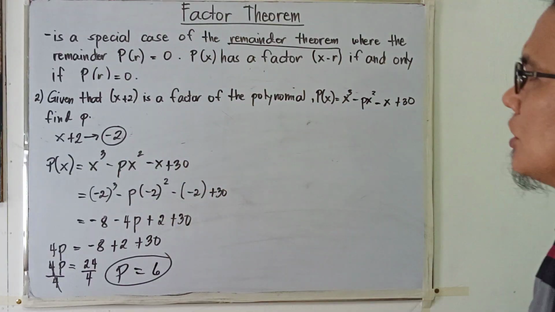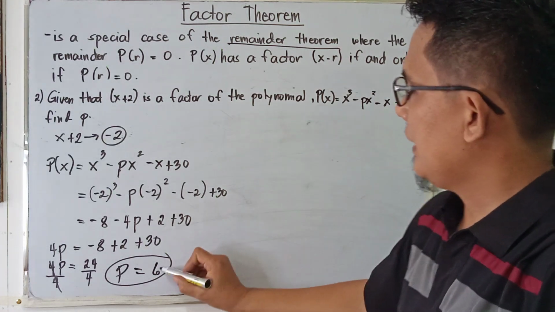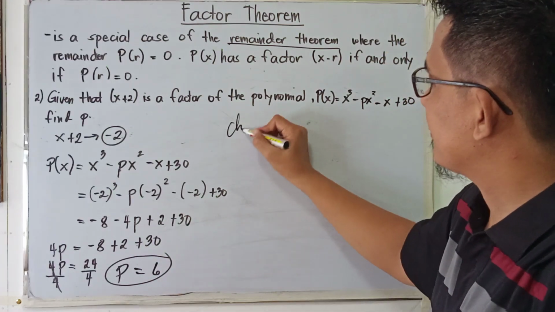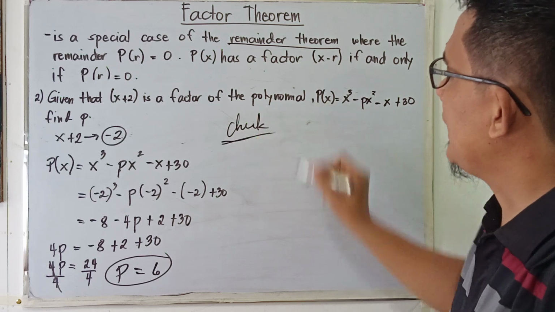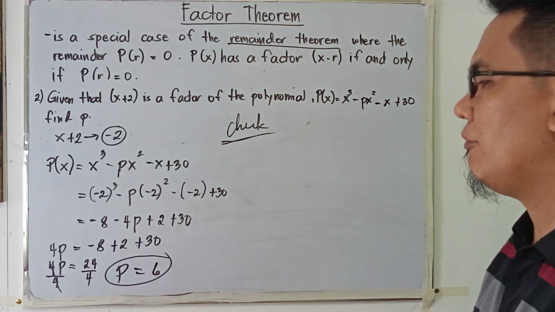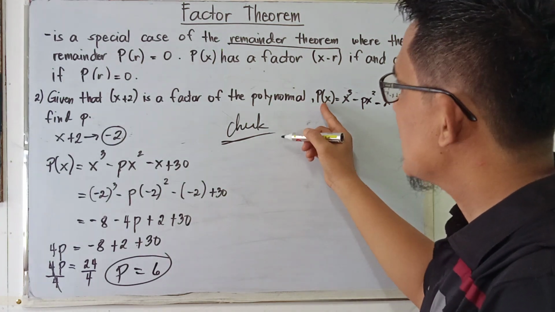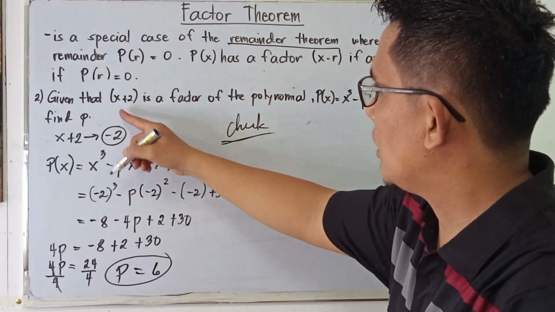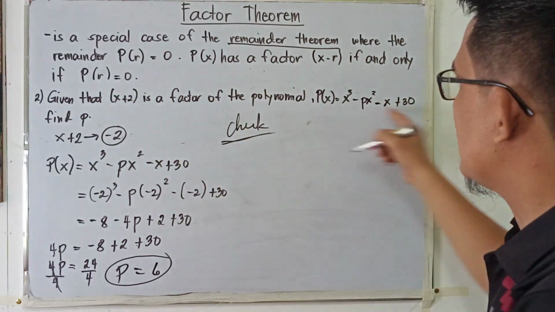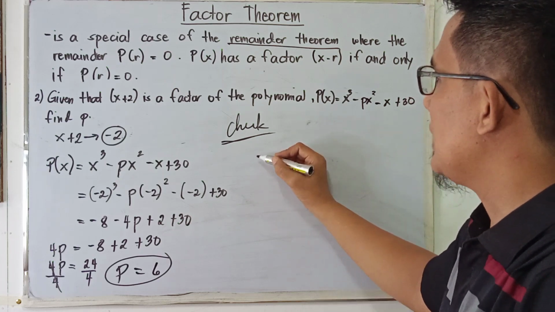How are we going to check this? To check that p is really 6, we replace p with the value we solved, which is 6, in our equation. Since this is already a factor, we replace all the x's with negative 2 in order to get the value 0.